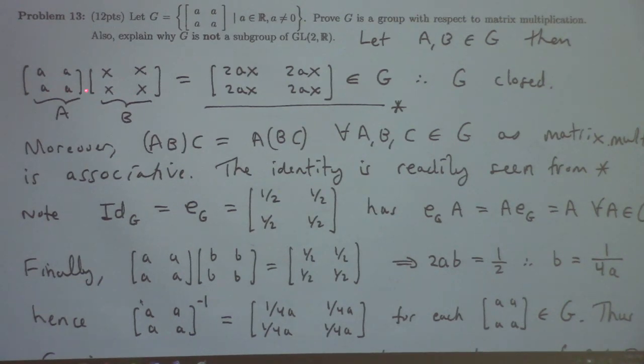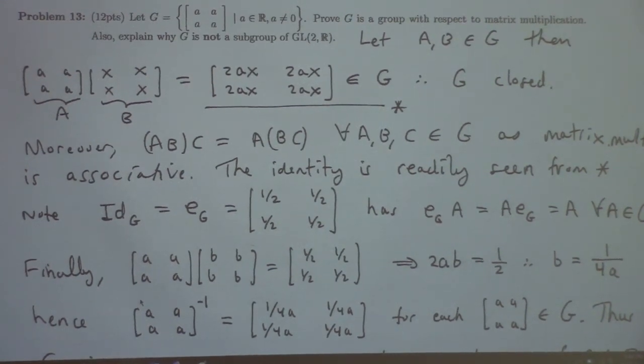So it's an element of the same kind, right? G is closed. It's associative, and once I write this, it was clear to me I should put a half, a half, a half, a half for the identity.